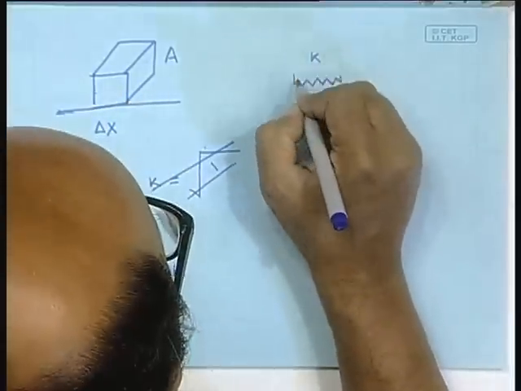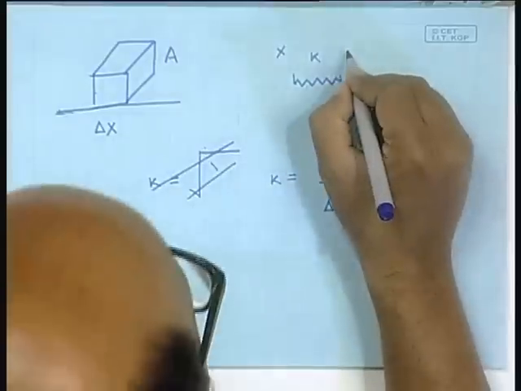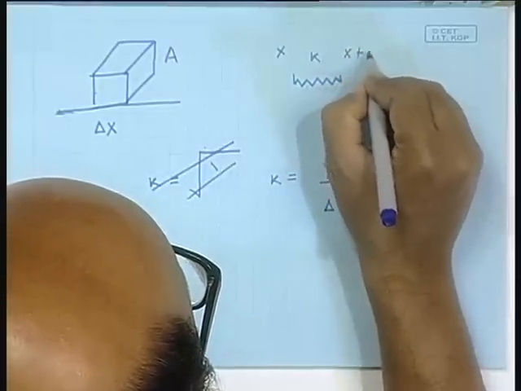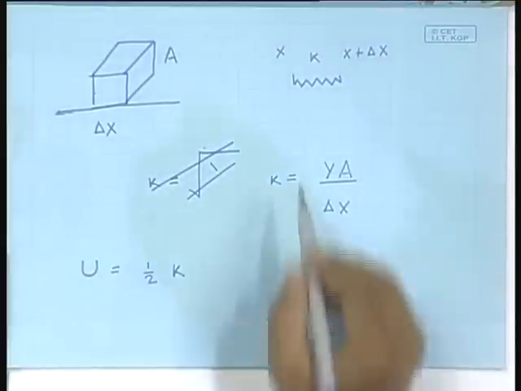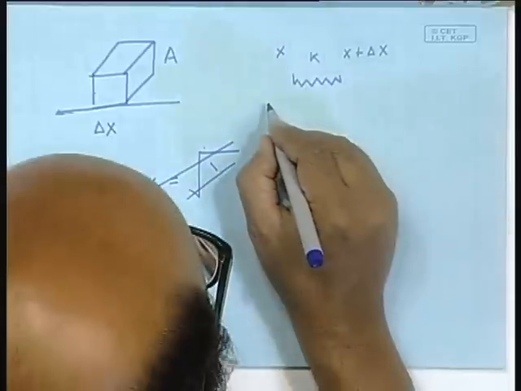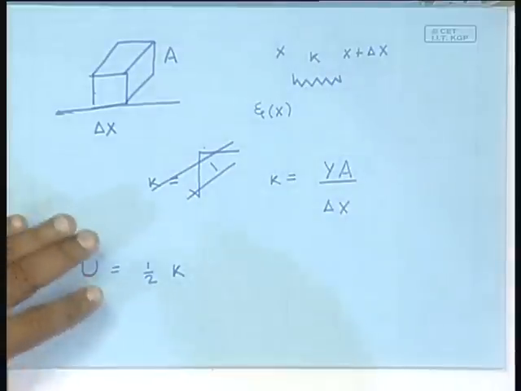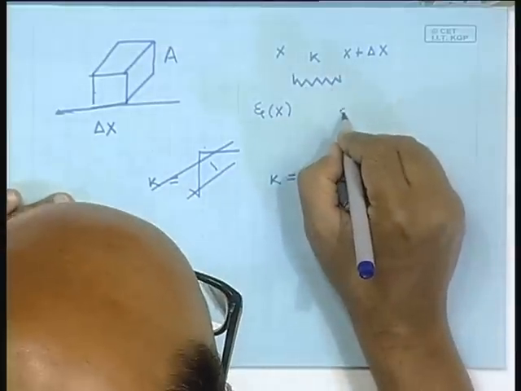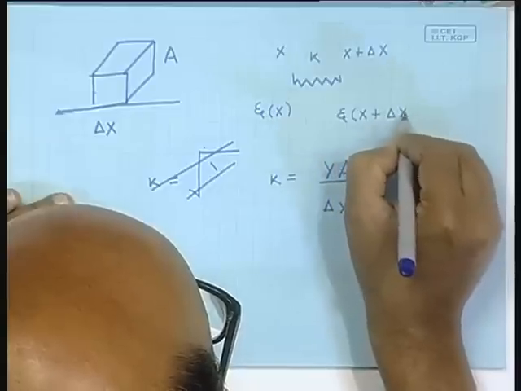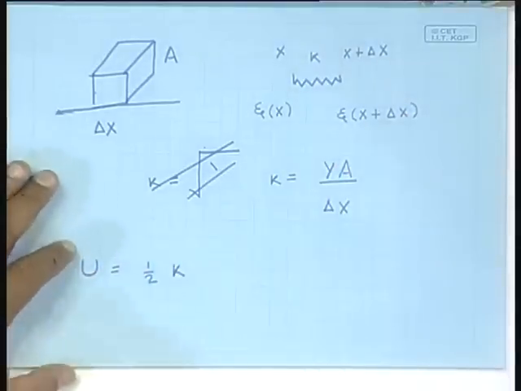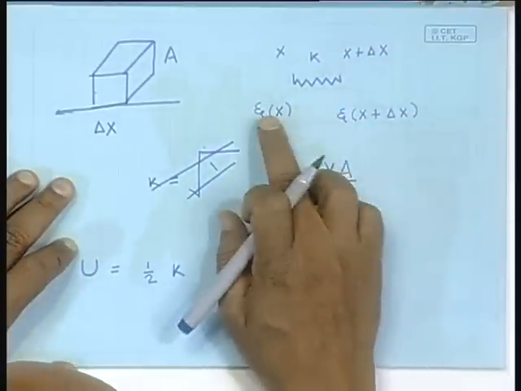This end of the spring is at x, this end of the spring is at x plus delta x. The displacement of this end is xi x. I am not showing the t explicitly, but the t is there, and the displacement of this end is xi x plus delta x. Now, the change in the length of the spring is the difference between these two displacements, right.